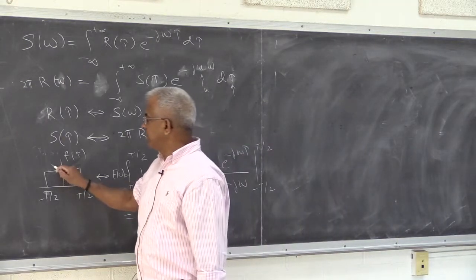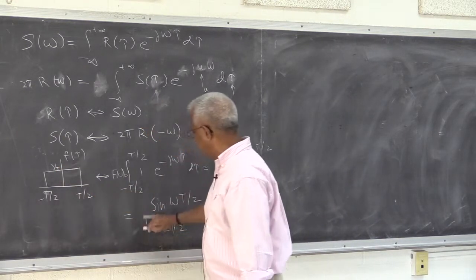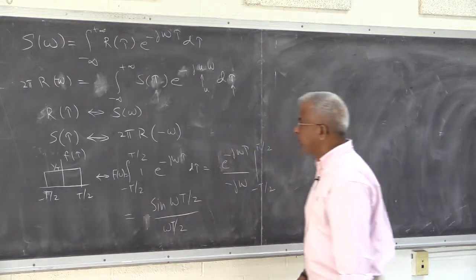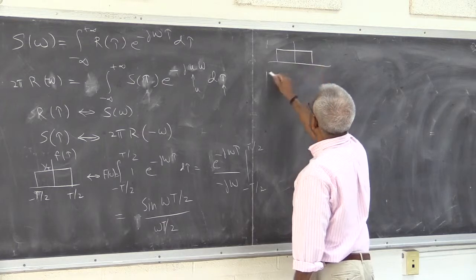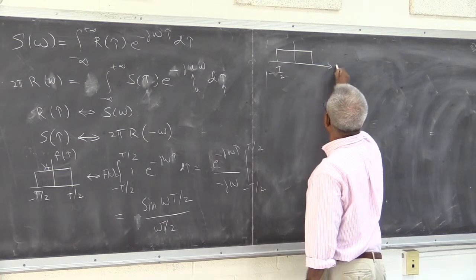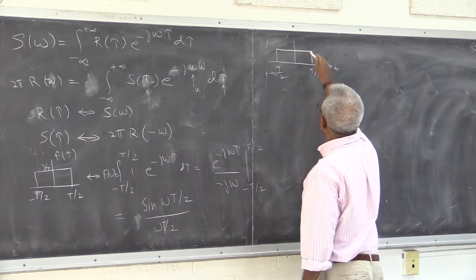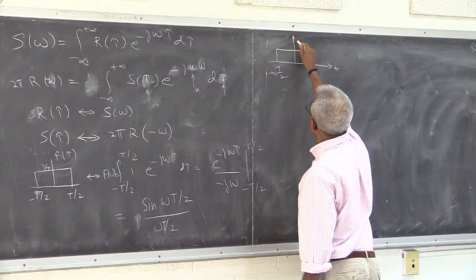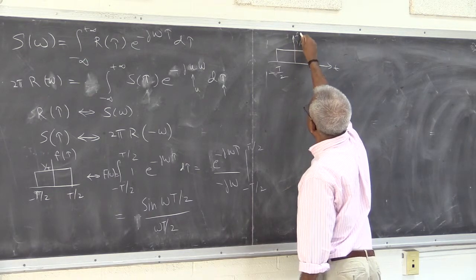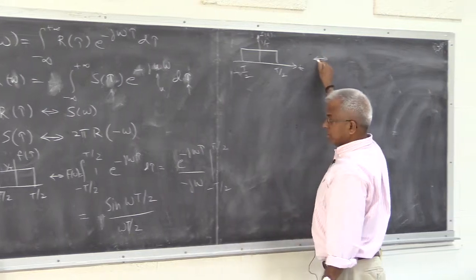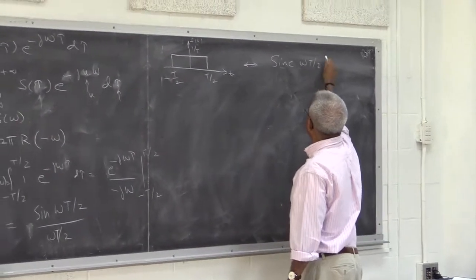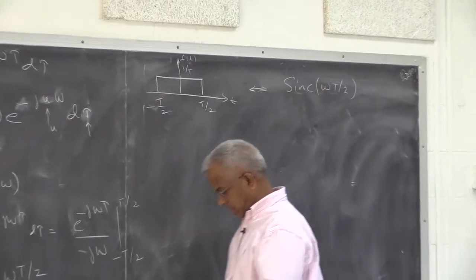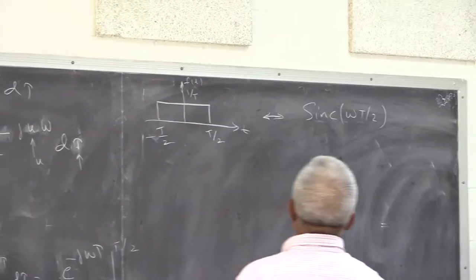Notice that if I make this pulse of height 1 over t, then this will be multiplied by 1 over t. So in the time domain, if you have this pulse of height 1 over t, its transform is Sinc omega t by 2.